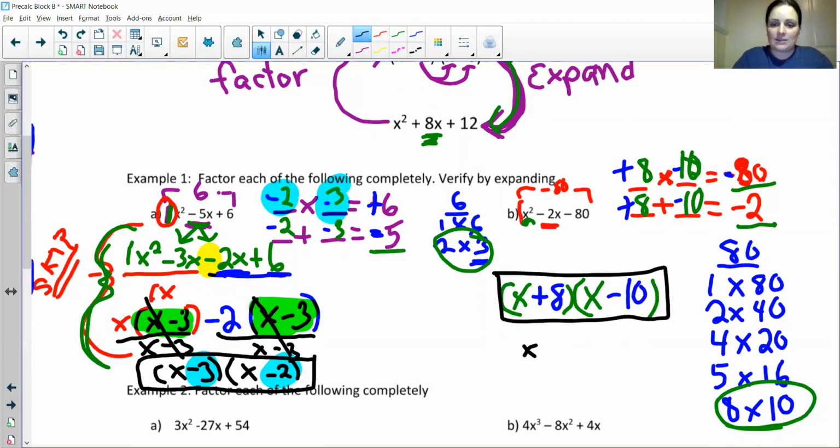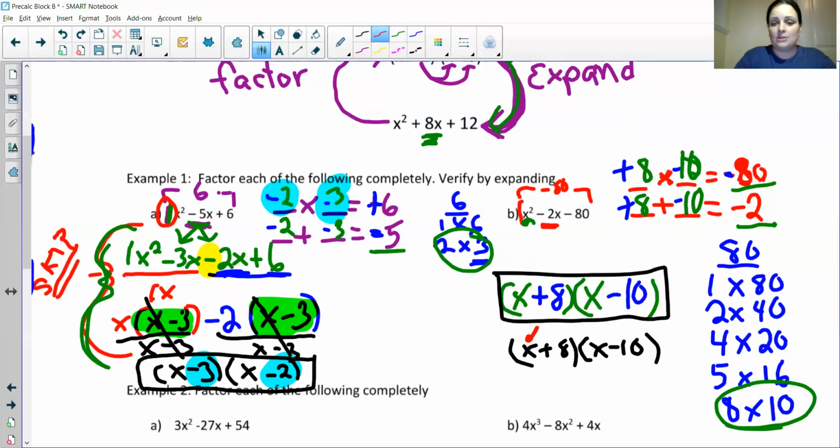So if you have x plus 8 times x minus 10, and you want to know if that's the right answer, and Bob's not available and Miss Mackenzie's not available and no one wants to help you, you can do it on your own.